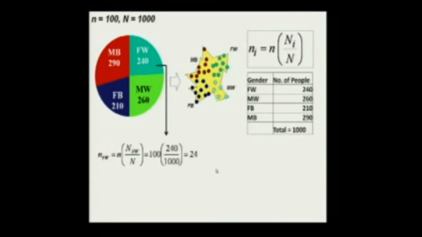Straightforward calculation: 100 is the sample size, 240 is N_i, 1,000 is N, or the total population size, and now we have 24 coming from this category from the population. And of course, it's easier to realize that because we're talking about 100 taken from 1,000, so 240 by proportional weight allocation will be 24. And if I repeat this for female black, where I have 210, following this equation, I will get 21.